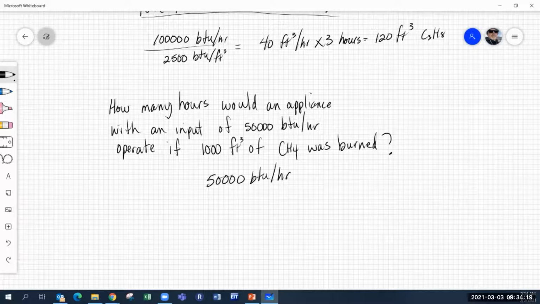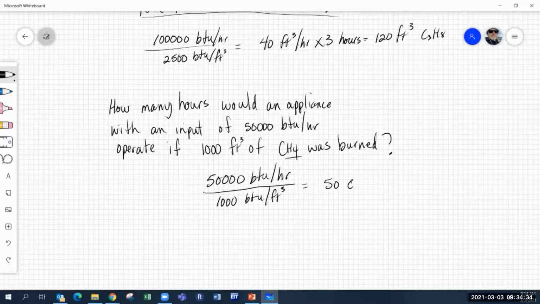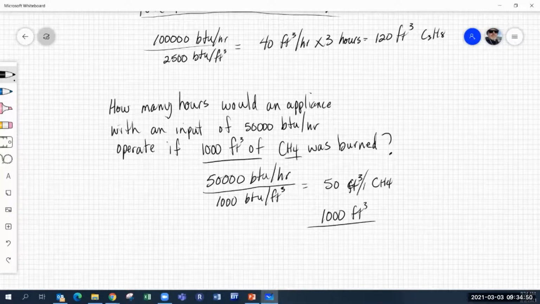Well, I would do it this way. I would take 50,000 BTU per hour, and I will divide it by 1,000 BTUs per cubic foot. That's the calorific value of CH4. Will give me 50 cubic feet of gas of CH4, and then I have 1,000 cubic feet to burn, and divide it by, this is per hour, right?